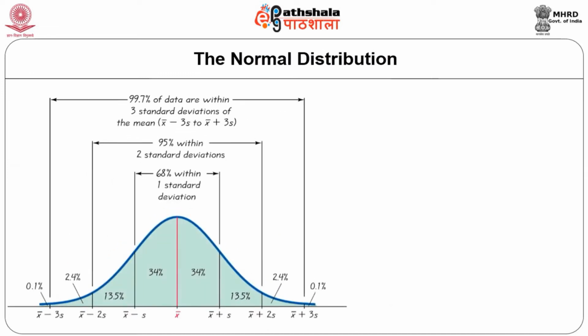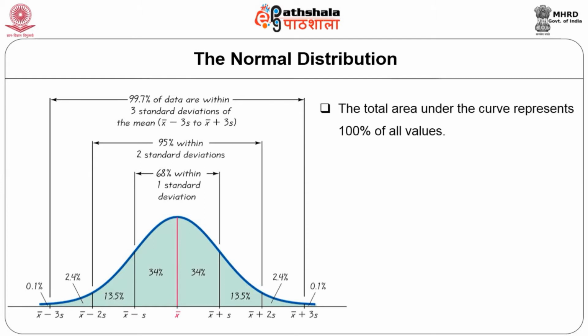If you see on the screen, the normal distribution looks like this. It is a bell shaped curve. What are the characteristics of this normal curve? The total area under the curve represents 100% of all the values.